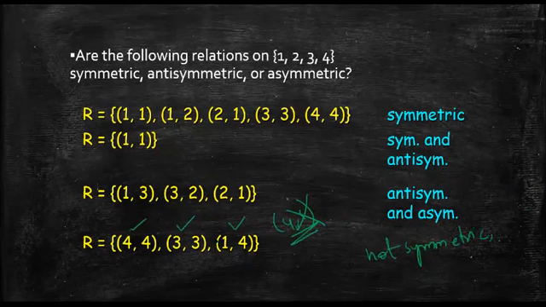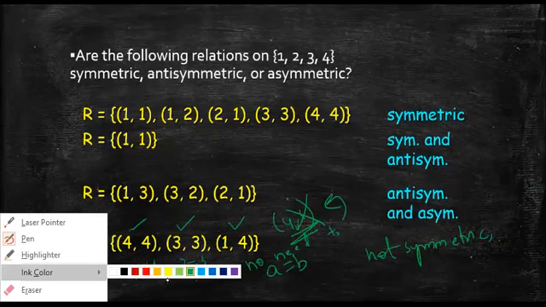What about antisymmetric? For (4, 4), A is equal to B, 4 is equal to 4, okay. For (3, 3), A is equal to B, fine. For (1, 4), since we don't have (4, 1), we don't need to check the property of A equal to B, because we don't have this element. So in this case, it is antisymmetric.